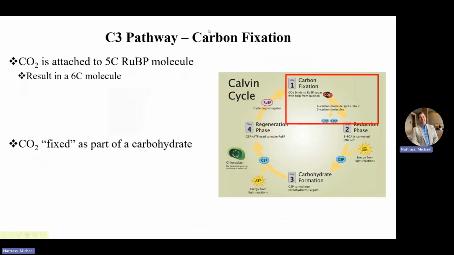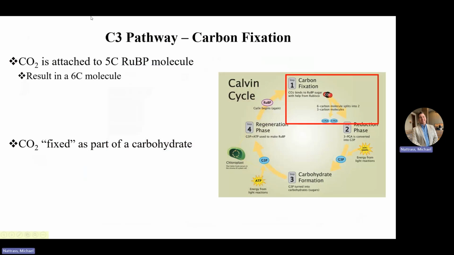Okay, let's look at the C3 pathway for carbon fixation. And I'm doing this because I'm putting this in your brains that the first step is going to be carbon fixation. And so just kind of flow with me here, just to kind of have an understanding that we are going to make a 6-carbon molecule. So this carbon dioxide will bind with RuBP, which is a 5-carbon molecule. 5 plus 1 equals 6.